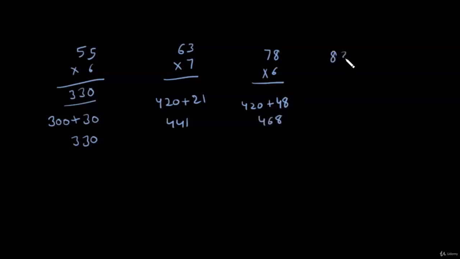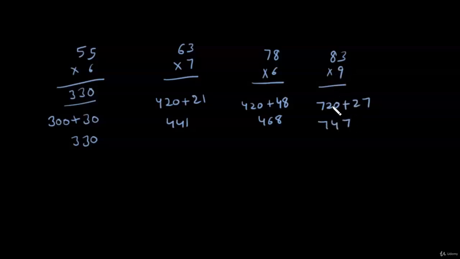Similarly, consider 83 times 9. Now 9 multiplied by 8 is 72, but this is not 8, this is 80. So 9 multiplied by 80 is 720. Plus 9 times 3, that is 27. So 720 plus 27 is 747.